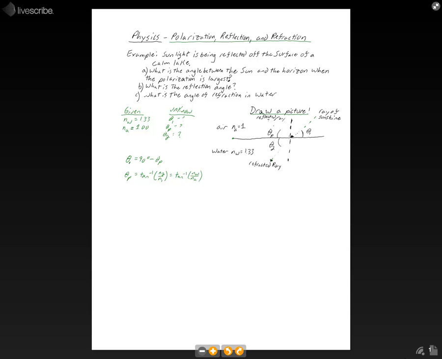So in the theta p equation, N sub 1 was the material that the light was in to start with, and then N sub 2 was the material that the light is coming in contact with.